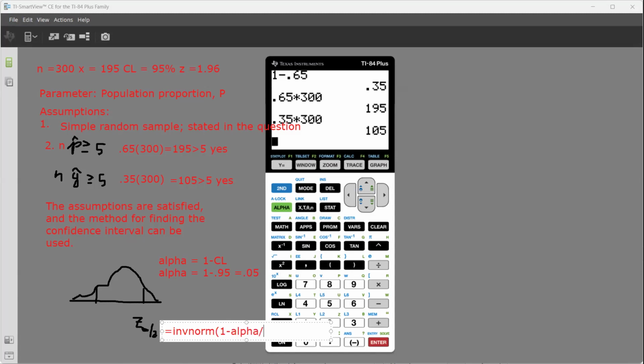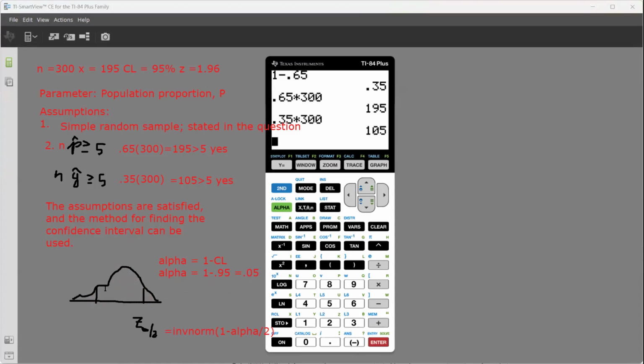Okay, if you remember. So in this case, this piece is going to be 0.025, 0.05 divided by 2. And this is 0.025. So this part is going to be 95% in the middle.